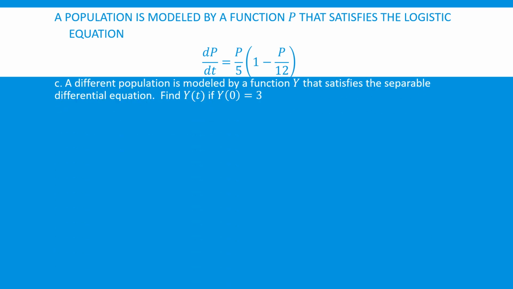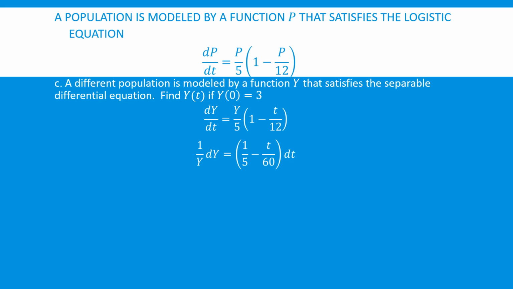All right, so it says a different population is modeled by the function y that satisfies a separable differential equation. Find y of t if y of 0 equals 3. And so I rewrote this problem with y in it instead of p, and then I solve for y.